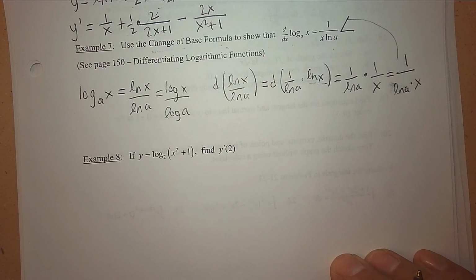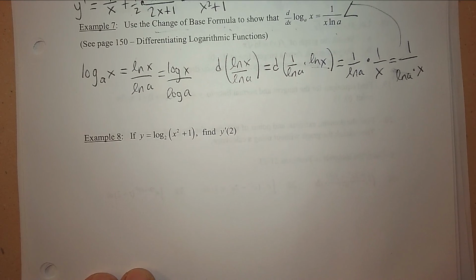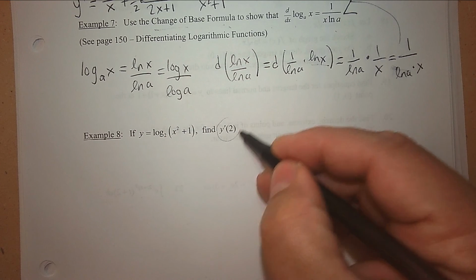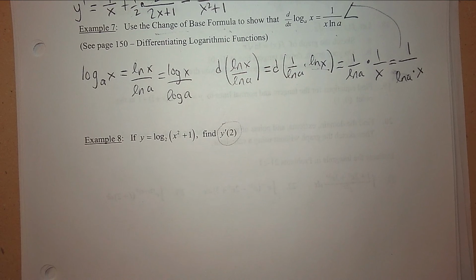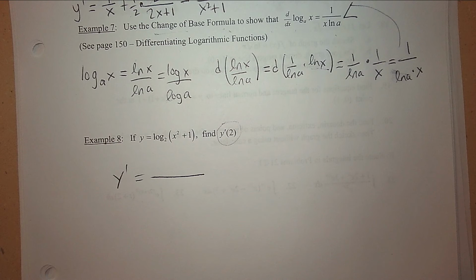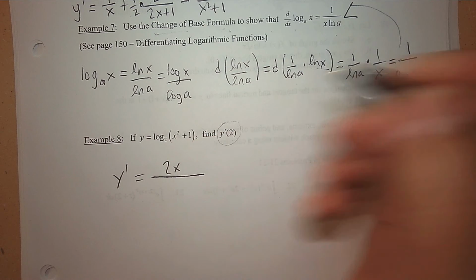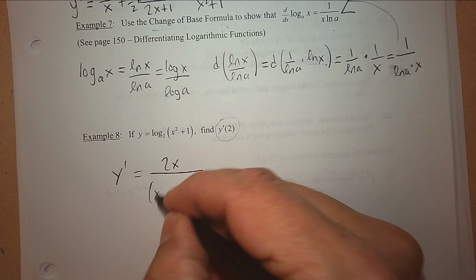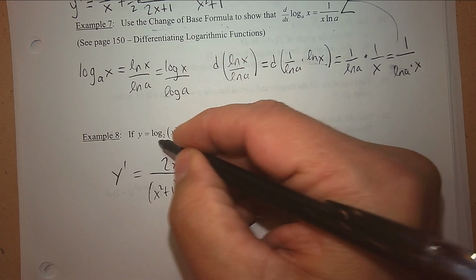Example 8. Can you find the derivative at 2? So first, what's the derivative? What's the numerator? Yay! What's the denominator? So it's x squared plus 1. That's what it would be if it said ln of that, right?